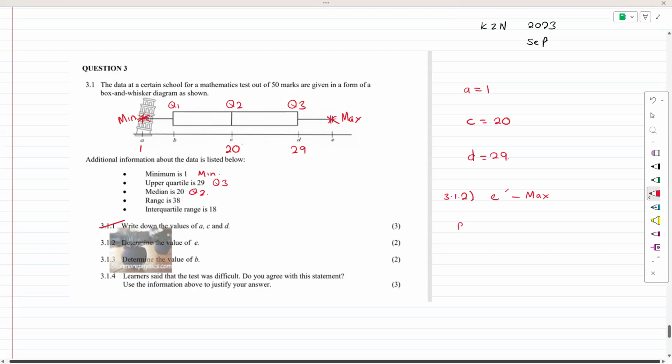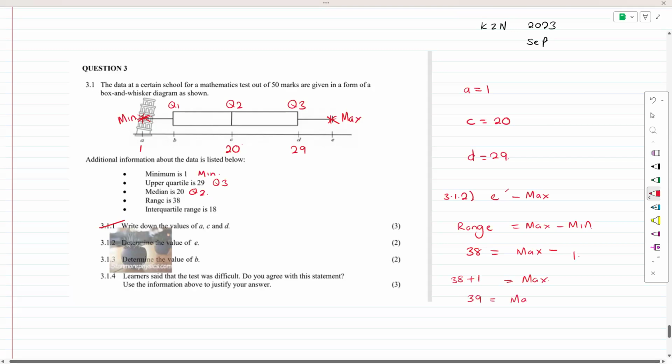But I do have the range. And I know that the range is equal to maximum minus minimum. Now, guys, the range is 38, and some child failed dismally with 1 mark, which means the maximum has to be 38 plus 1, which is 39.